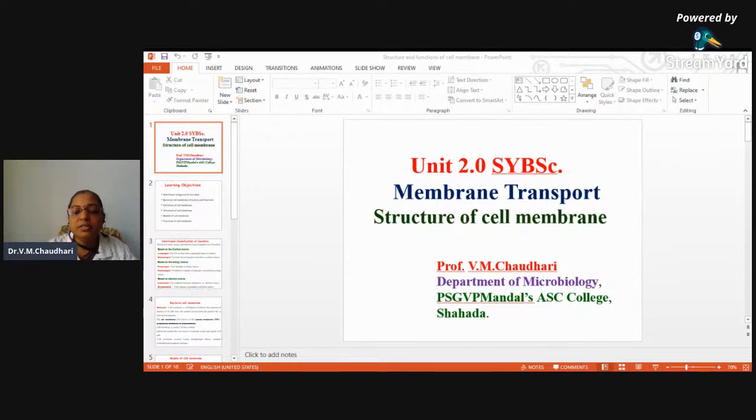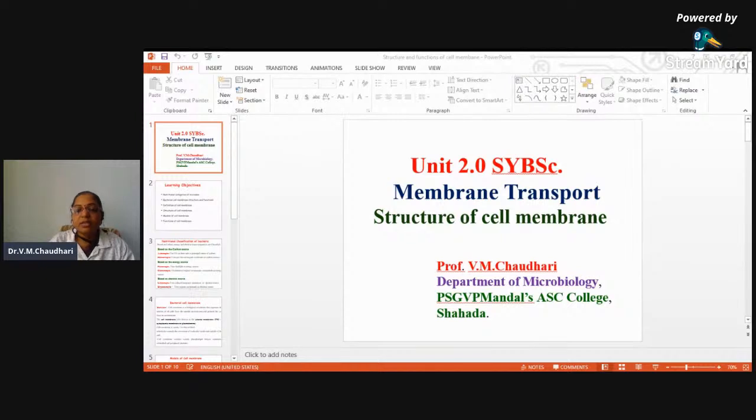There are two theories proposed for the mechanism of enzyme action: the lock and key model and the induced fit theory. Then we saw the various factors affecting enzyme activity, which include the effect of substrate concentration, pH, temperature, activators and inhibitors on enzyme activity.